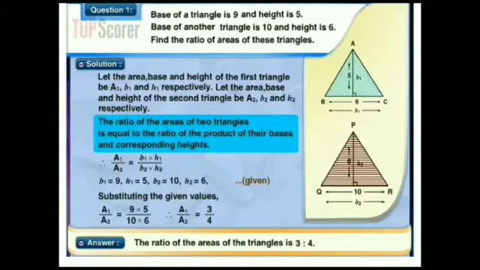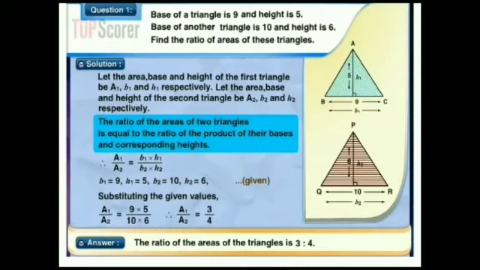As both the triangles are separate, we have to use the main property, that is, the ratio of the areas of two triangles is equal to the ratio of the product of the bases and corresponding heights.